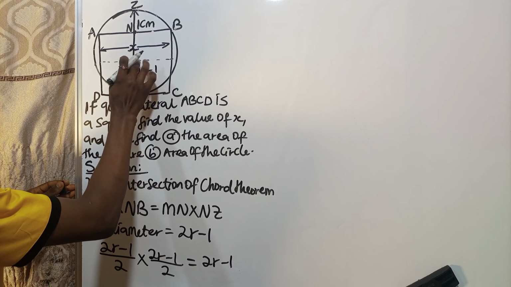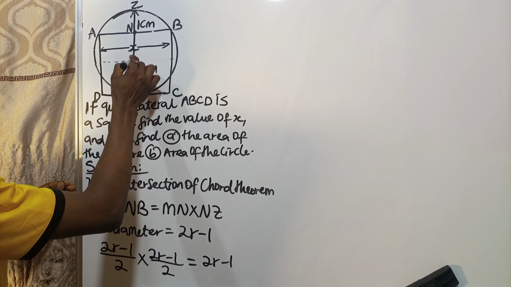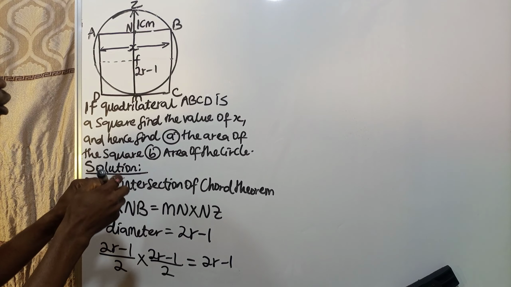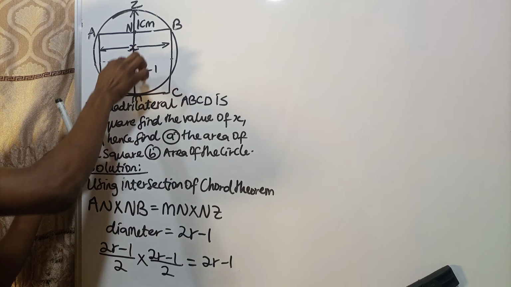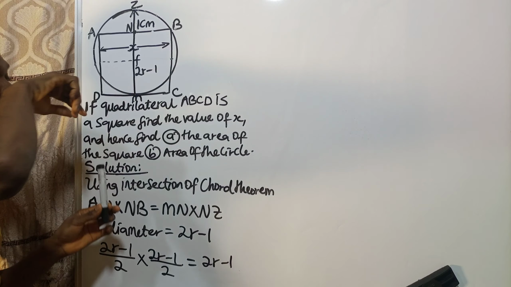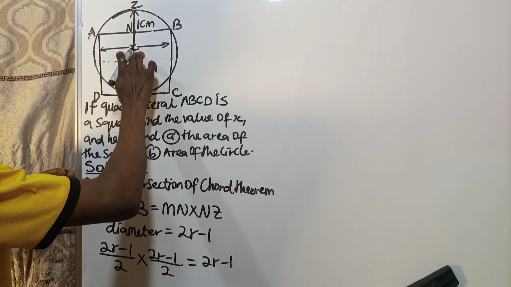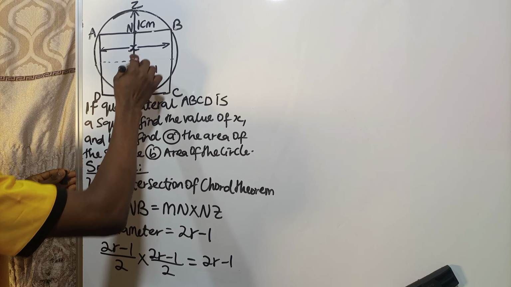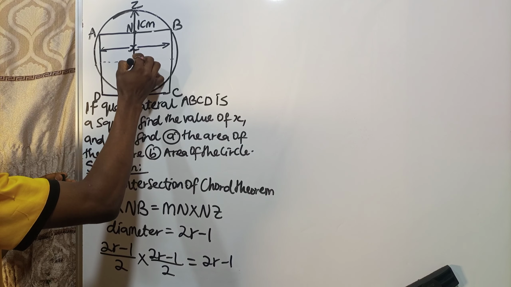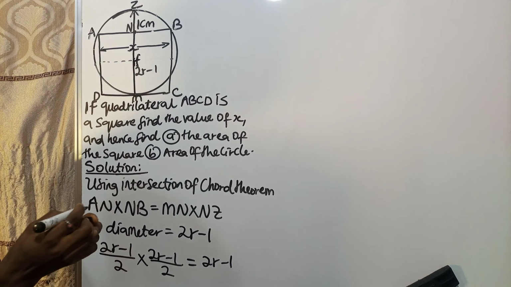We can just call this place any letter, F, because this F is now representing the diameter. Okay, let me not confuse you by calling it D, so that you don't think we have gotten a diameter.